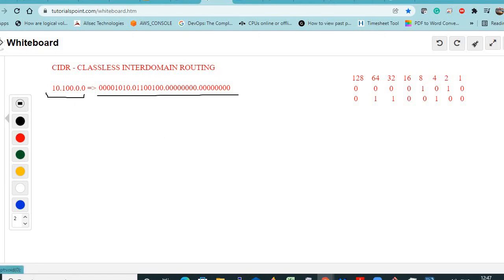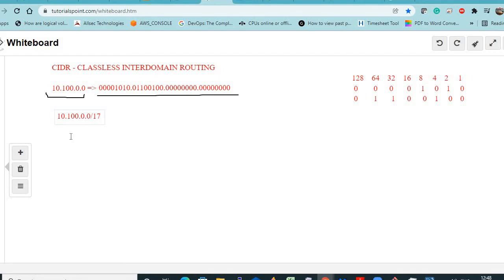The same IP address, 10.100.0.0/17. Now this is a CIDR. You may be getting confused about which class this belongs to, whether class A or class B. Now this is in between class A and class B.